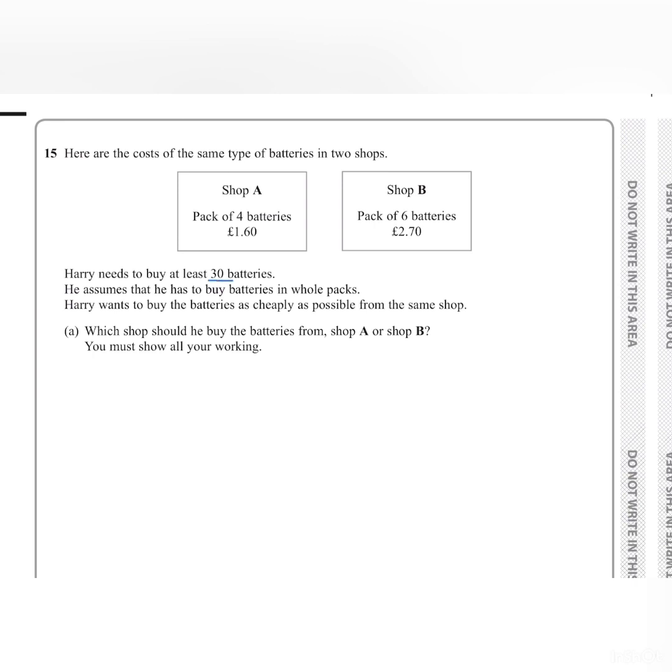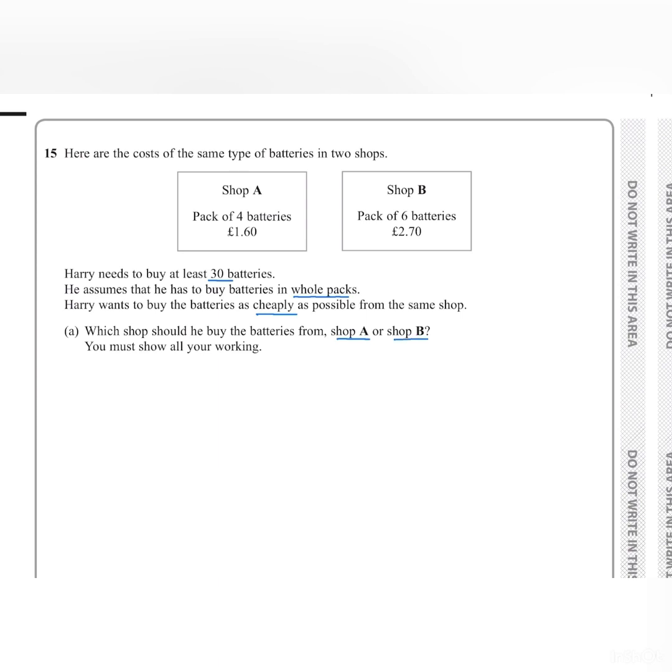And he assumes that he has to buy batteries in whole packs, so you cannot buy individual batteries from both of these shops. And Harry wants to buy the batteries as cheaply as possible from the same shop. Which shop should he buy the batteries from, A or B?